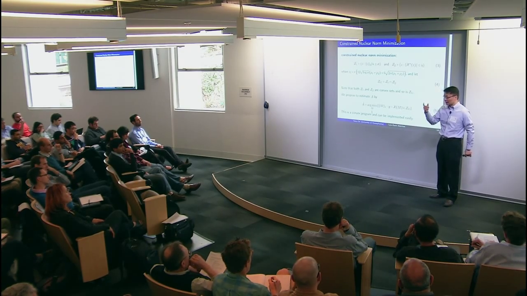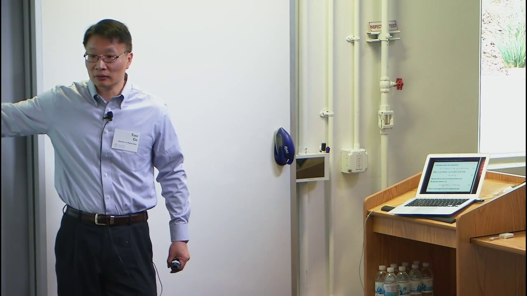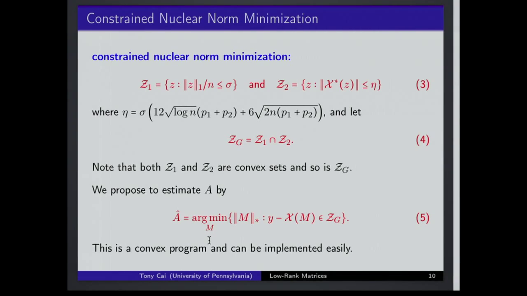When I said that you cannot recover a spiked matrix through matrix completion, by just sampling the entries, with this design we guarantee that you will recover the whole matrix. Any low-rank matrix, we don't need any additional constraint. And this is obviously a convex program, a convex constraint with a convex objective function.